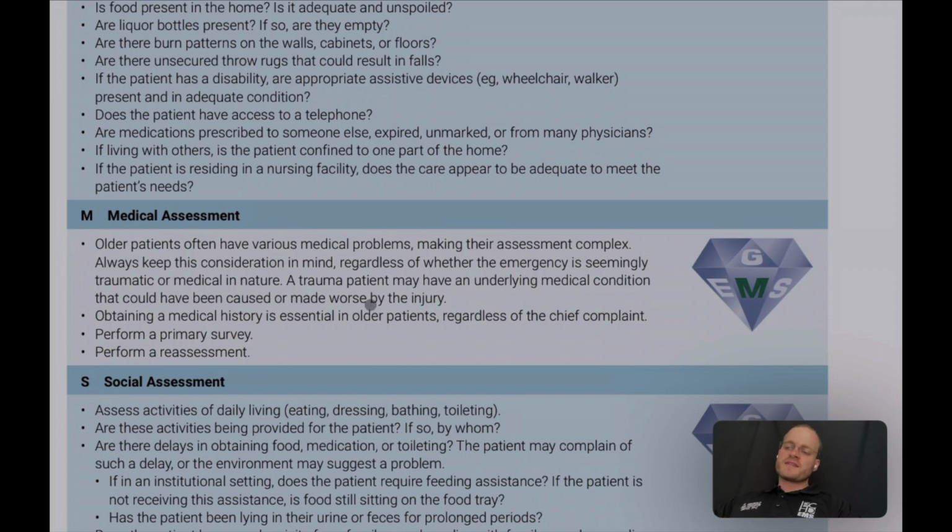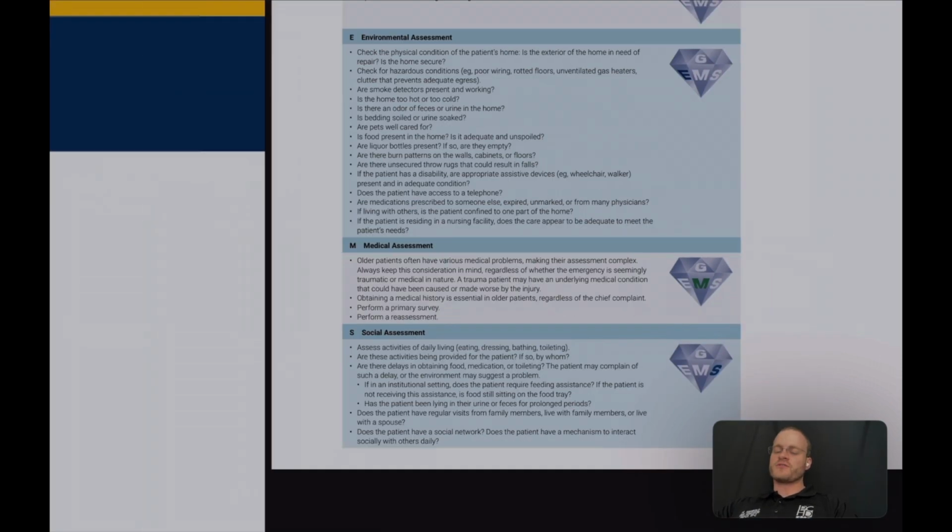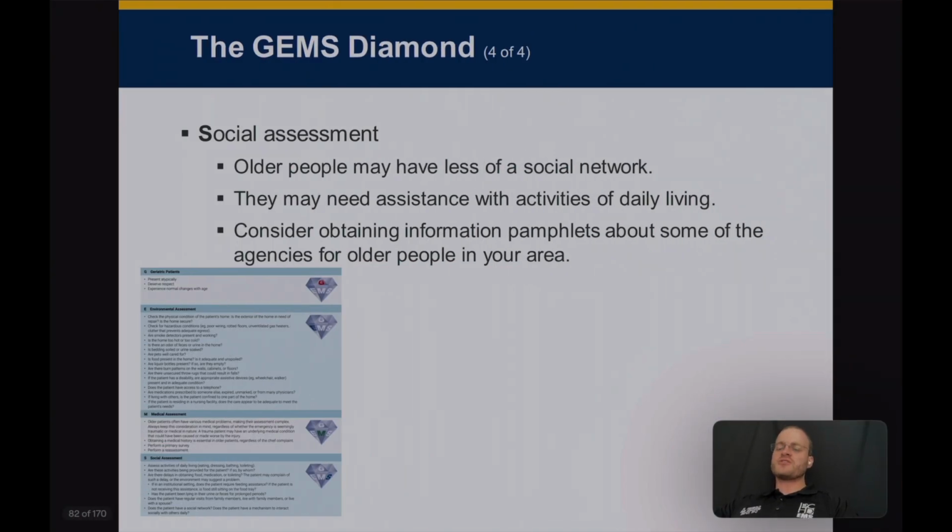The example would be hypoglycemia caused them to fall, and you get called for a fall, but it turns out they're hypoglycemic, or orthostatic hypotension caused them to fall and hit their head on the toilet. Basically, this could be for any age population, but especially geriatrics, a medical cause could be a cause of their traumatic issue.